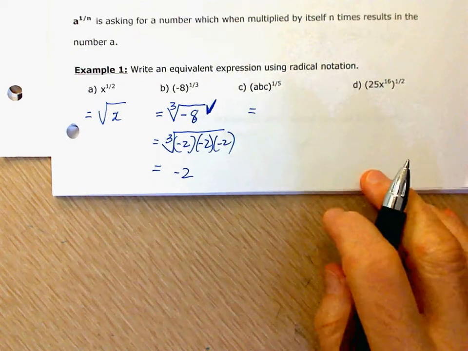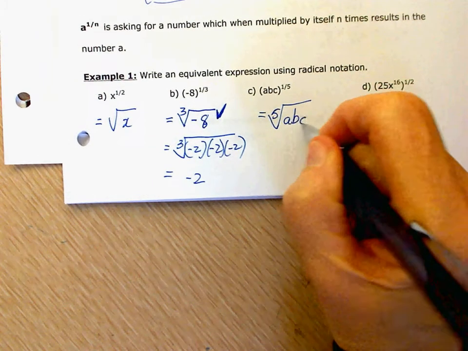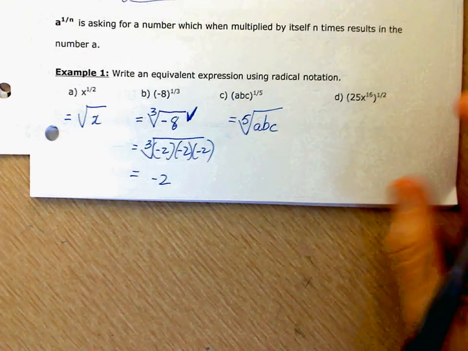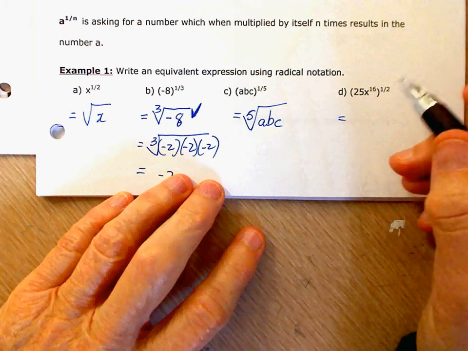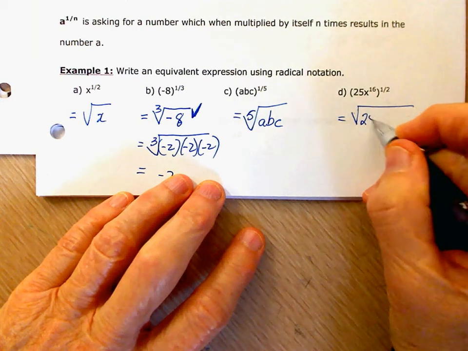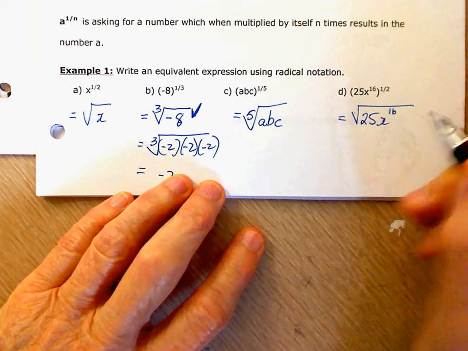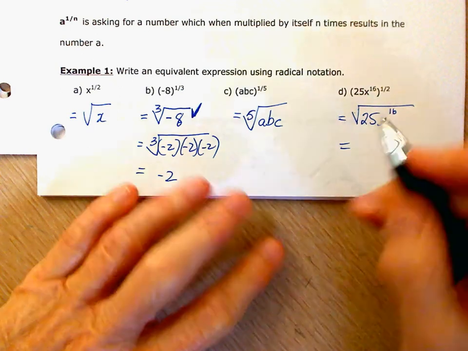This, I think, is just the 5th root of ABC. And this is just the square root of 25x to the 16. What's the square root of 25? 5.